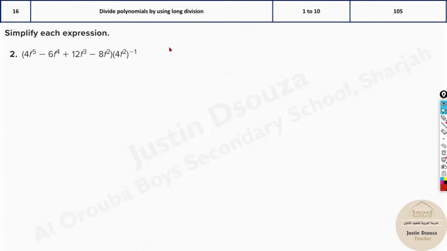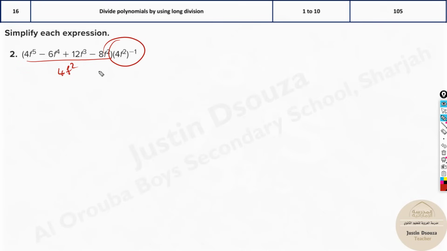We will go to the long division problems, but before that, if you see power minus 1, that is inverse. What is the inverse of x? It's basically 1 by x, or it is x power negative 1. So what happens is this term, since it's having negative power, exponent negative 1, it becomes the divisor. It is basically 4y squared.